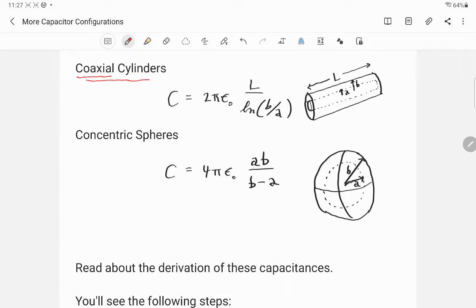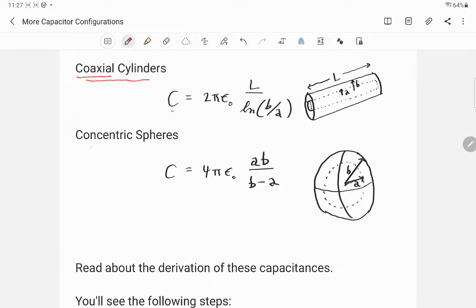So the length of the two cylinders is capital L. And this capacitance, you can discover, has a value of 2 times pi times epsilon naught, L divided by the natural log of the ratio of B over A.